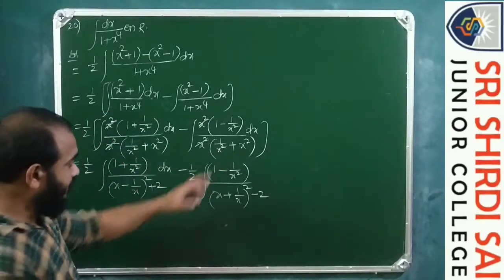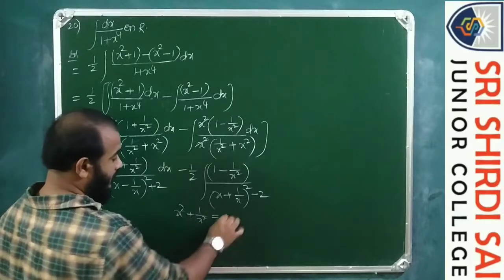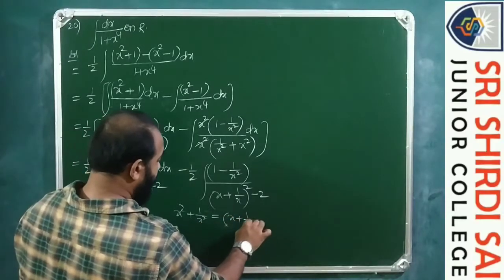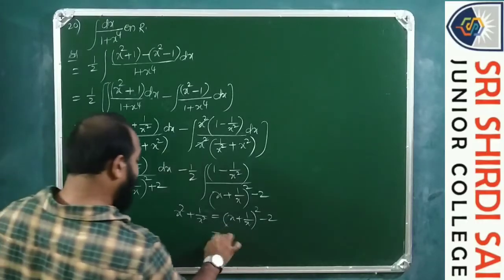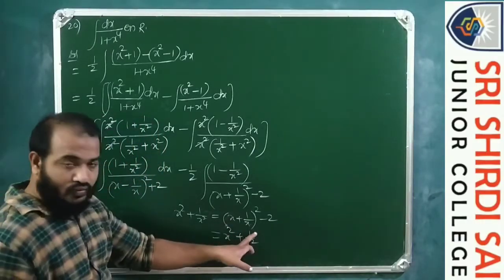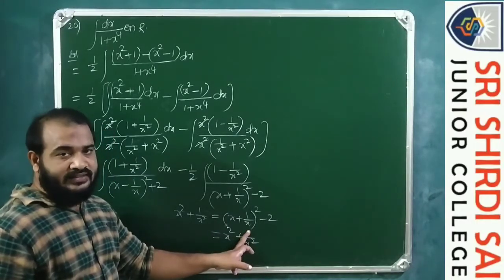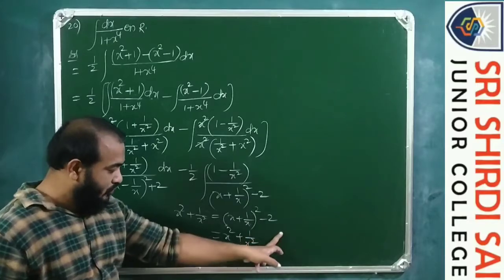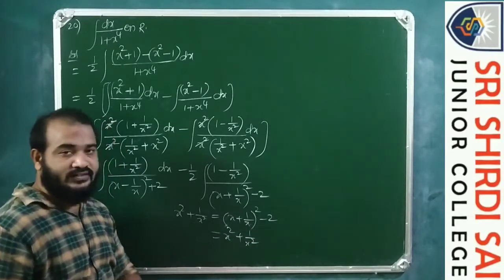Again the same explanation, x square plus 1 by x square I have written to be x plus 1 by x whole square minus 2. Now if you expand this, x square plus 1 by x square, a square plus b square plus 2ab, 2 into x into 1 by x. X into 1 by x gets cancelled, plus 2 minus 2 gets cancelled, so we are left with x square plus 1 by x square only.